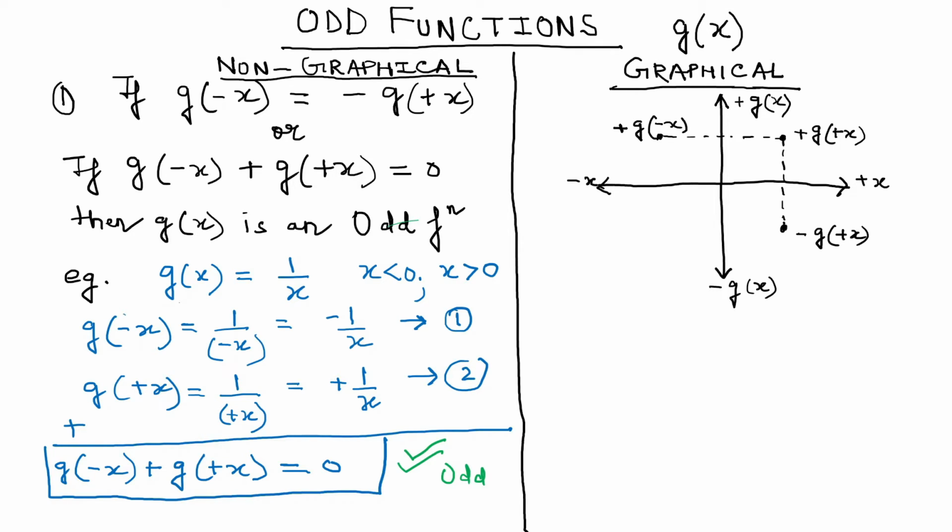And thereafter, I could take the symmetry of the same point about the x-axis, which will be minus times g of minus x.